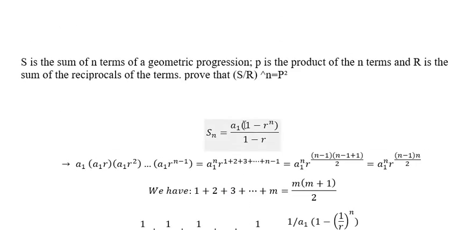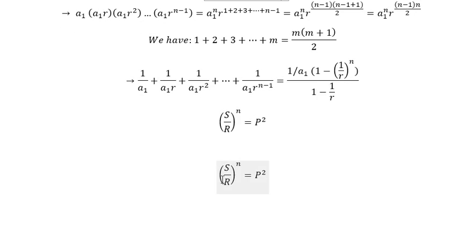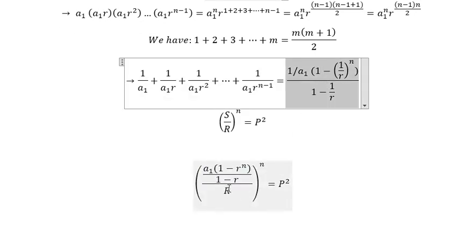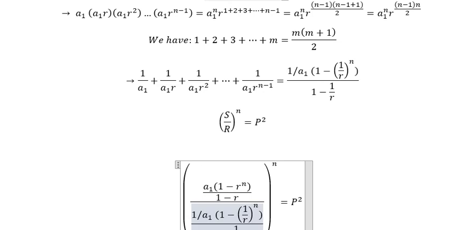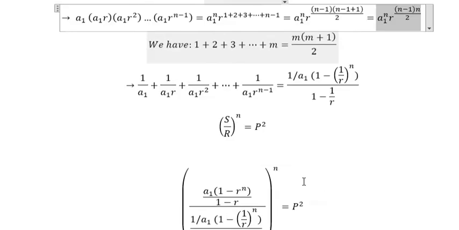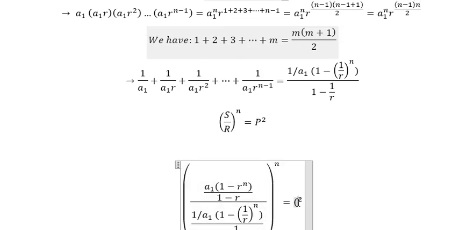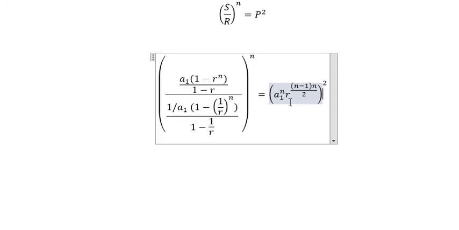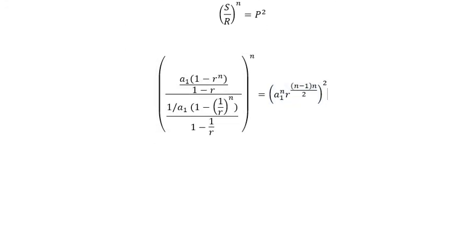About H, that is this one. About R, that is this one. About b, that is this one. And now we need to prove this one equals this one.